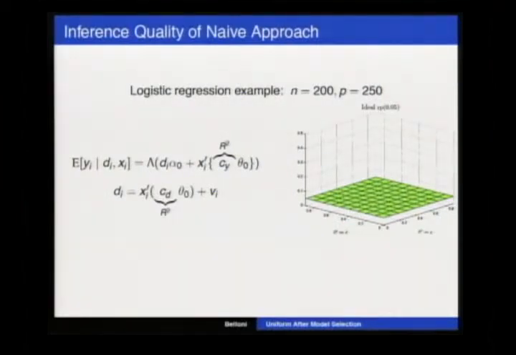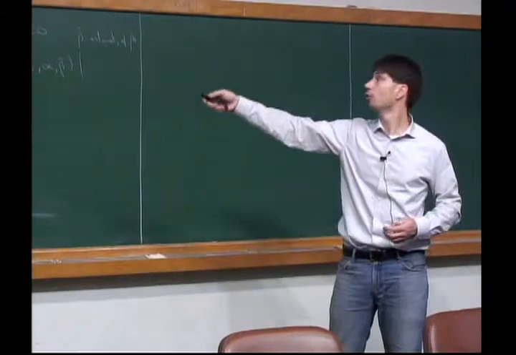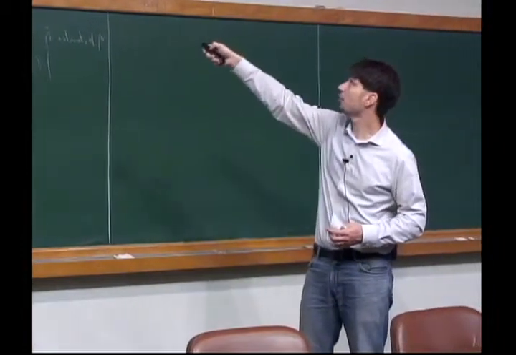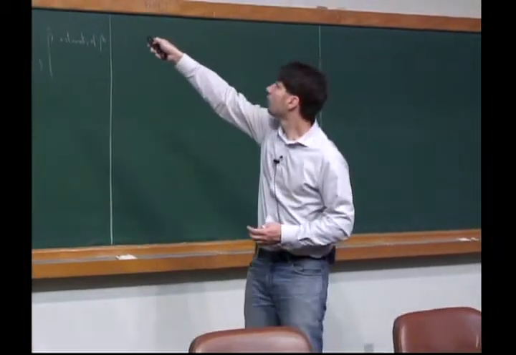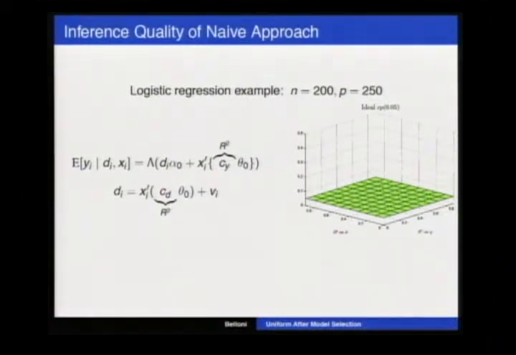That's what a 95% confidence interval does. So that's the ideal picture, this flat surface for all data generating processes I'm considering. Here would be where D is highly determined by X. Here's where X does not really matter for D.